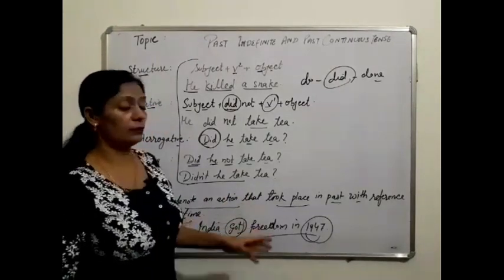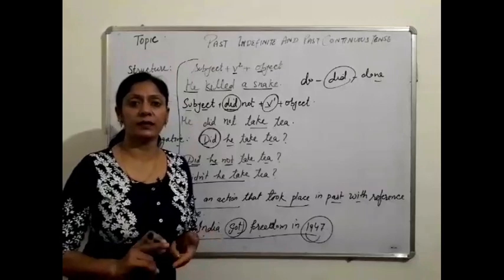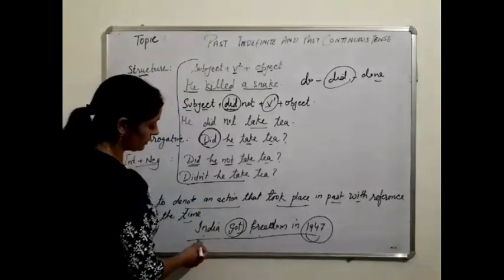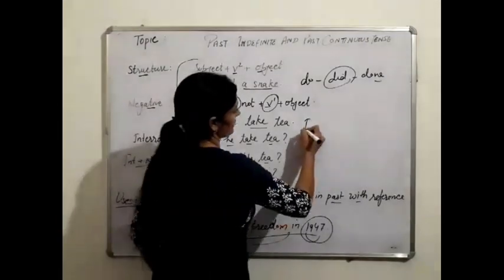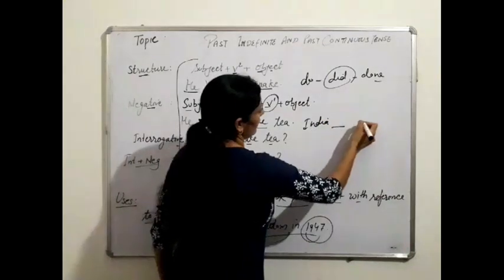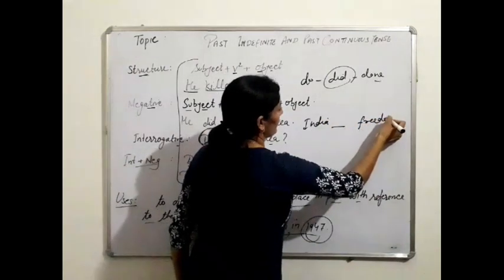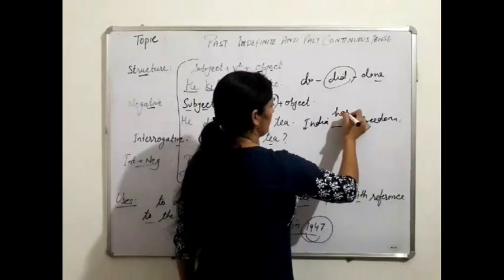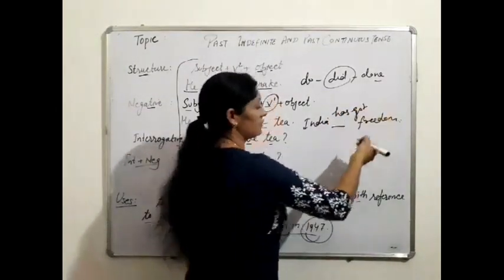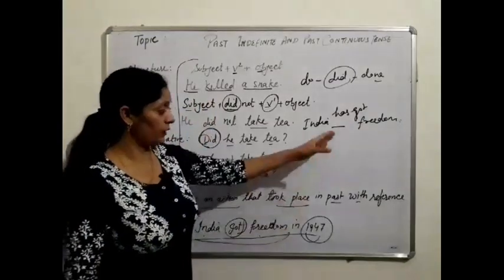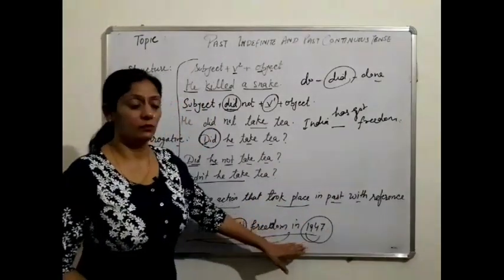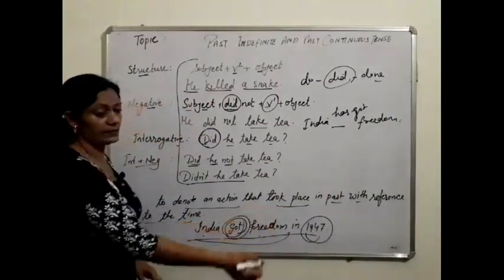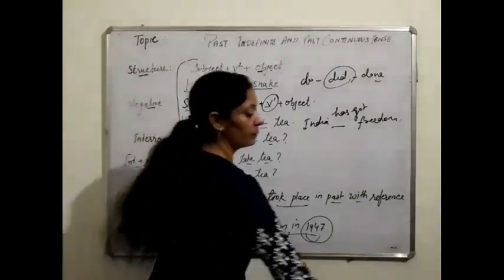Now students, see the difference between past indefinite and present perfect. Suppose the sentence is only like this, India, freedom, no time is there, then we can also write India has got freedom. It means it's free now. But if the reference of time is there, then we use only past indefinite.